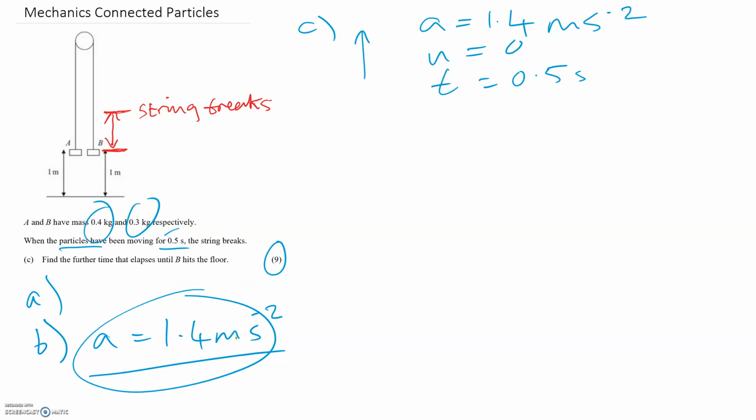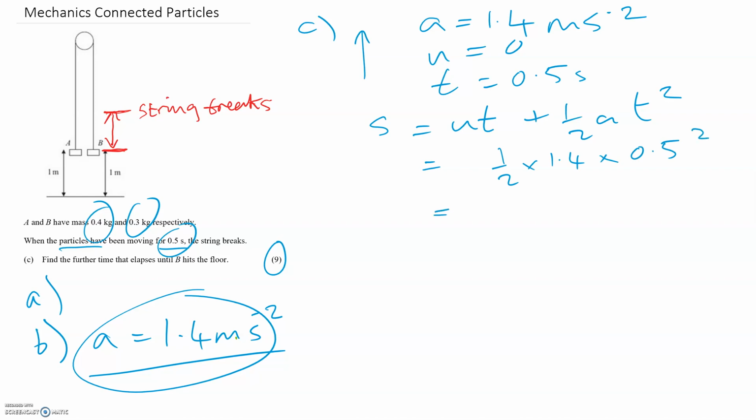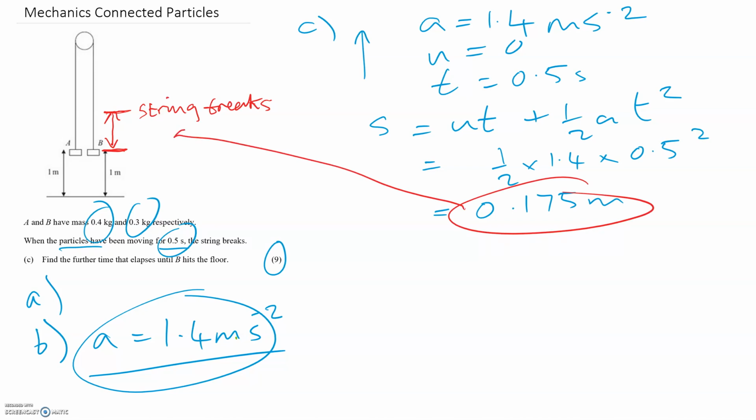It tells us in the question. So if we do S equals UT plus half AT squared, we've got S equals 0 plus a half times 1.4 times 0.5 squared, which is 0.7 times 0.5 squared, which is 0.175 meters. So that is going to be that small distance there.